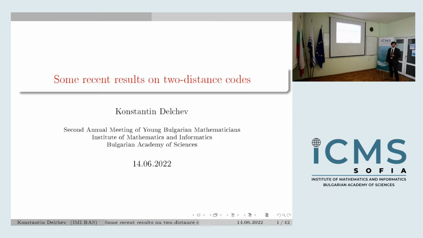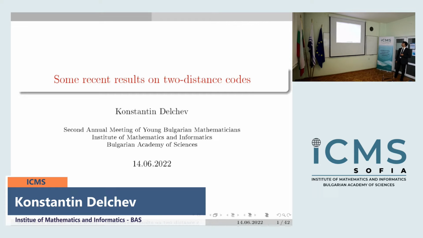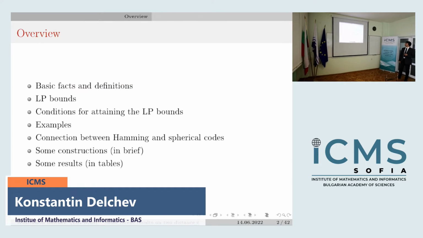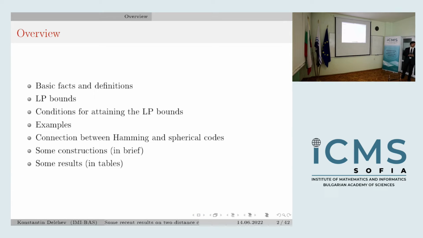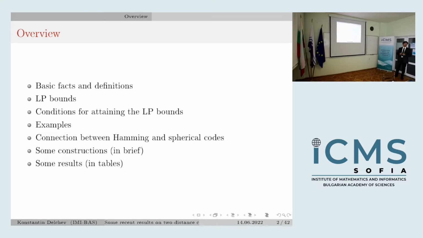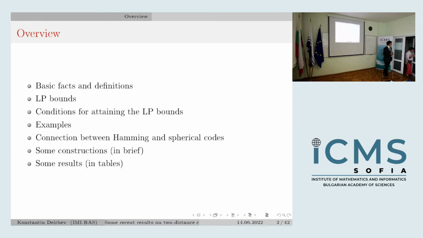So, some recent results on two distance codes. This is essentially what we will see. We will give some basic facts and definitions about how we actually approach coding theory with linear programming bounds. We will see what the conditions are for attaining the linear programming bounds and give some examples for that.